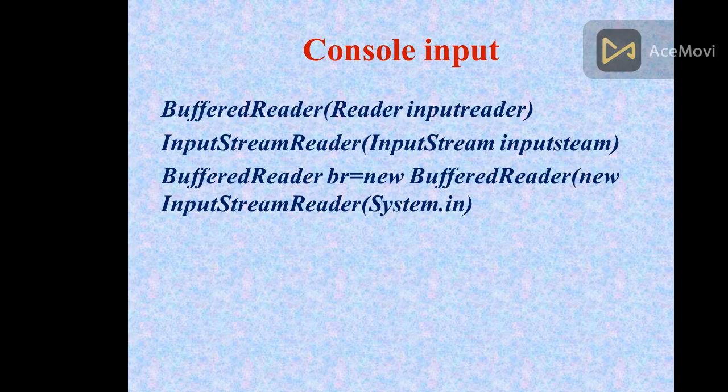This is the basic syntax for getting external input. Those inputs will be in string format. If you want to convert the string values into other variables, like an integer or float variable, we have to convert the string format into integer or float format.